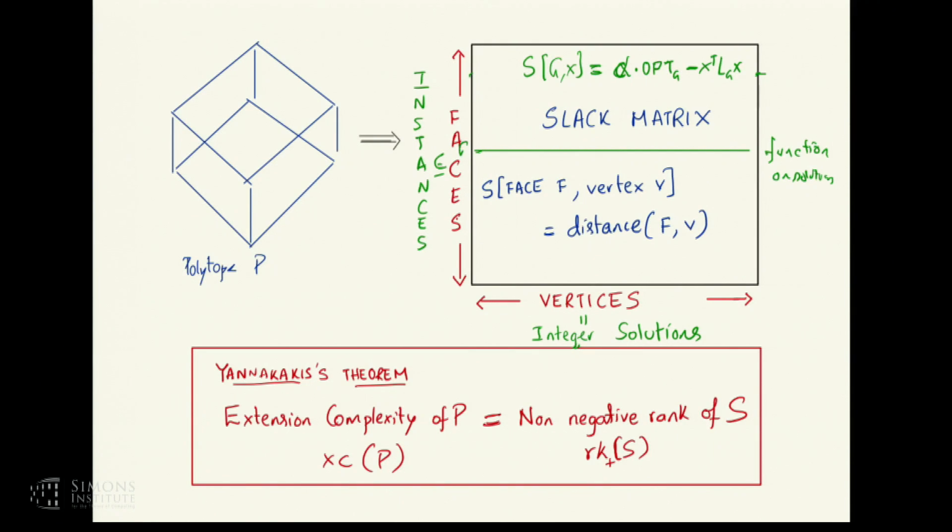Suppose I look at the row corresponding to a graph G. This row is actually equal to this. So you're just adding a redundant constraint, one for every graph. So essentially, you can define a slack matrix for a problem and things like that.